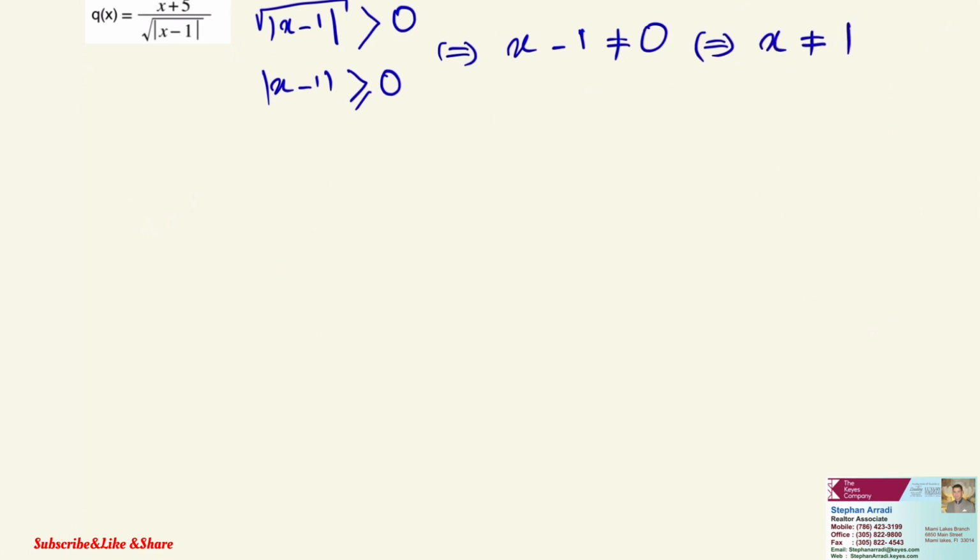If, for example, we have a function like x plus 5 over square root of x minus 1, it will be everything different, because this could be negative inside. We have to take where there is no restriction, where it makes it negative.